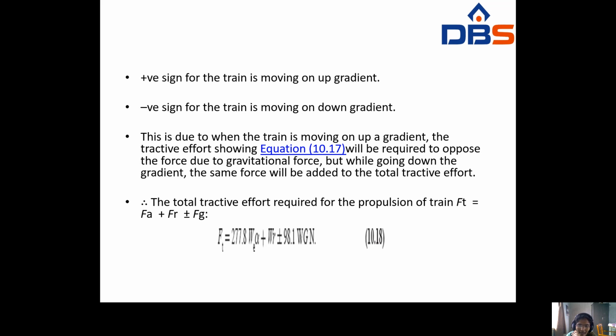Finally, the total tractive effort for the propulsion of the train, that means for the movement of the train, is given by Ft equal to Fa plus Fr plus or minus Fg.